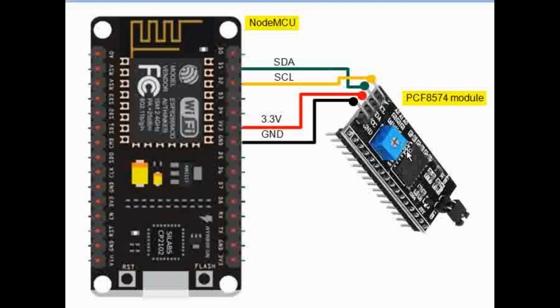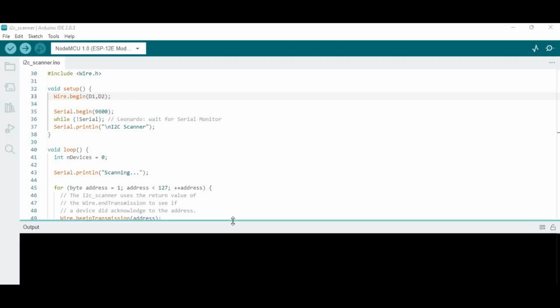Let us look at the code, and let us also talk about the easiest ways using the Arduino to do this. So here is the code, which actually is an inbuilt code. We have not written any single line. We will show you where we are taking this code from.